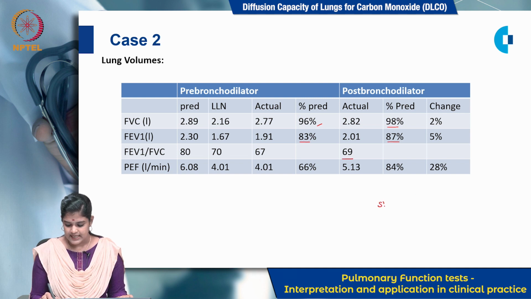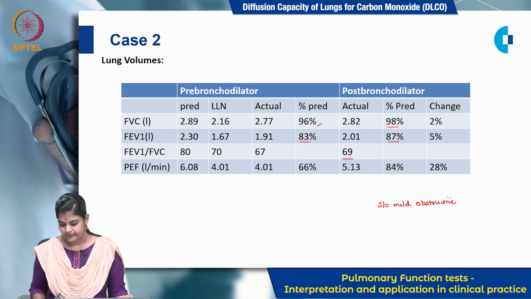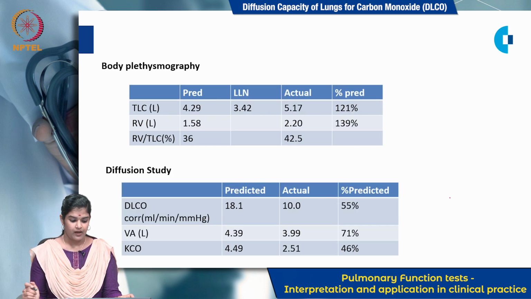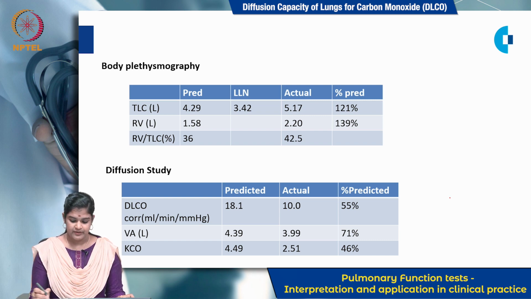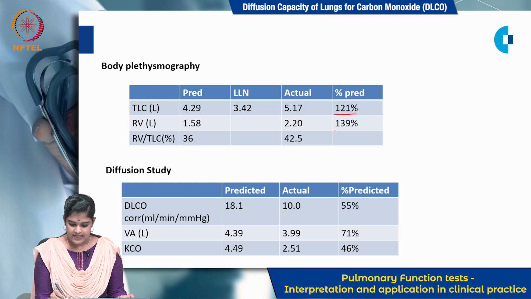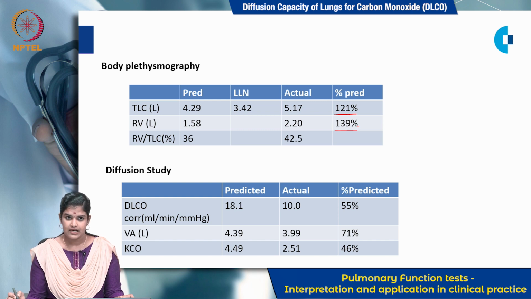So this is suggestive of a mild obstruction with no significant bronchodilator reversibility. Now let us take a look at the body plethysmograph report. This shows that the TLC is increased as well as residual volume is increased. That confirms that this is an obstructive disease with air trapping.